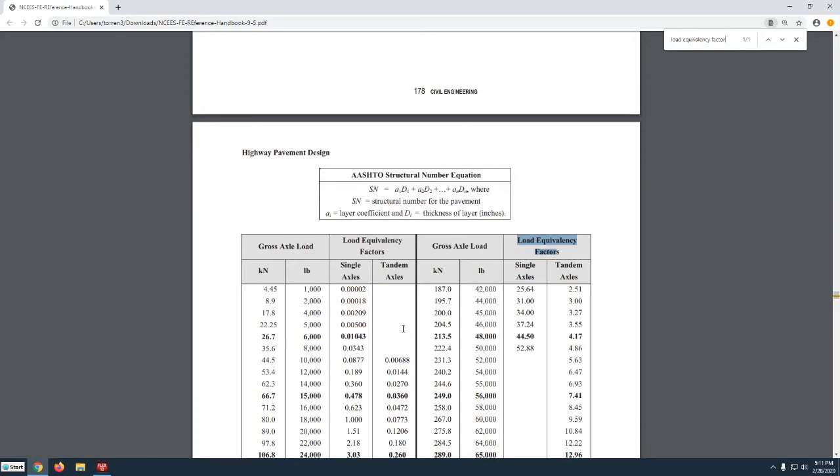So what is the approximate load equivalency factor for a 32,000 pound tandem axle truck? Tandem axle truck, and then 32,000 pounds.